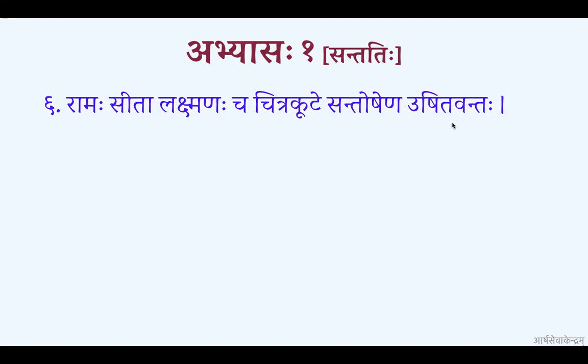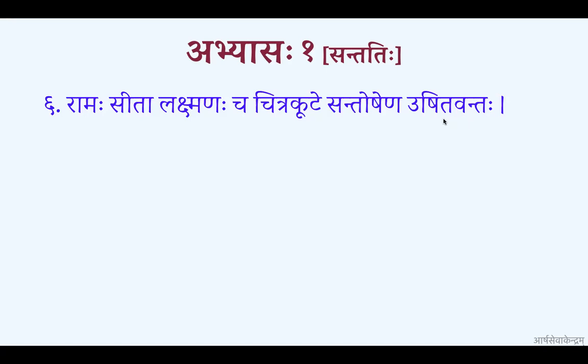So what is the dhatu from which this is derived? Do you know? उषितवन्तः. वस् धातु, right महोदय? वस् धातु. वस् धातोः लट्लकार रूपाणि कानि? वसति, वसतः, वसन्ति.